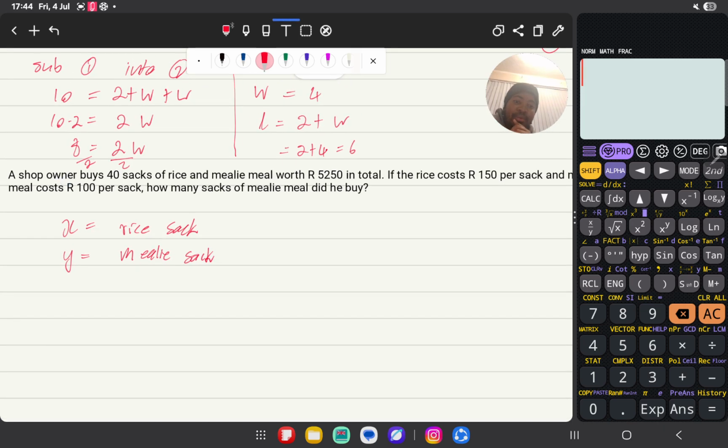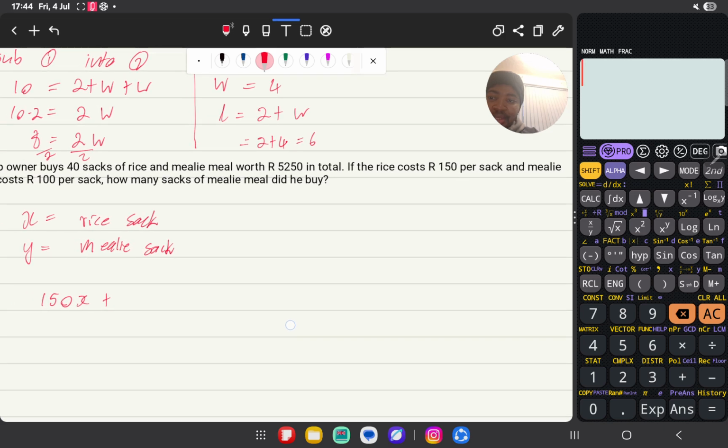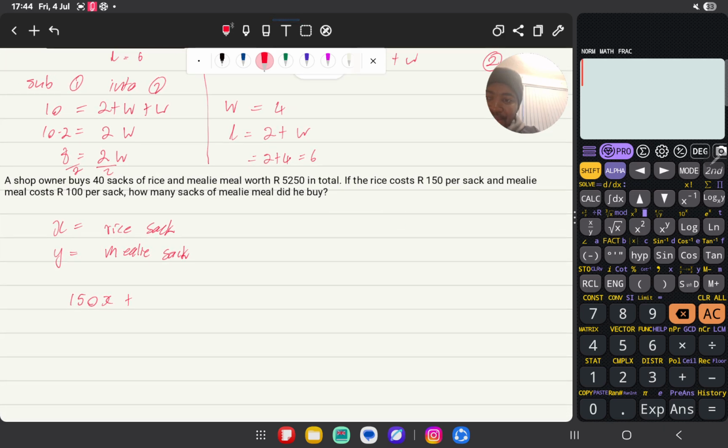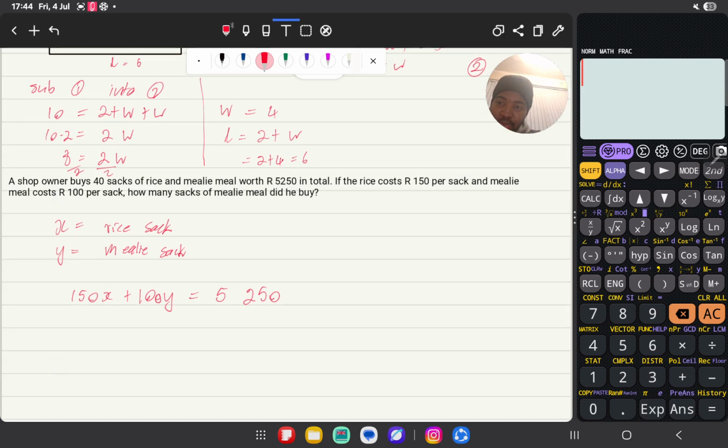They say the cost is 150 per rice sack, which is 150x, and for the milli meal sack it is 100 rand times y. The total was 5,250. That's the total, when we are talking money.